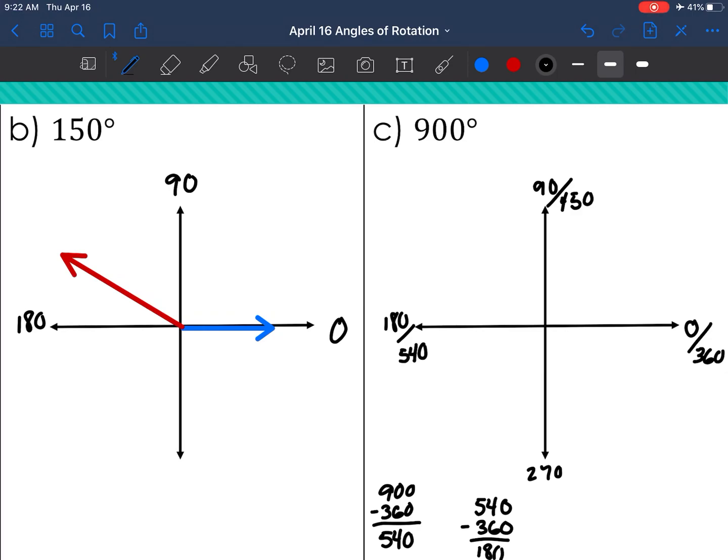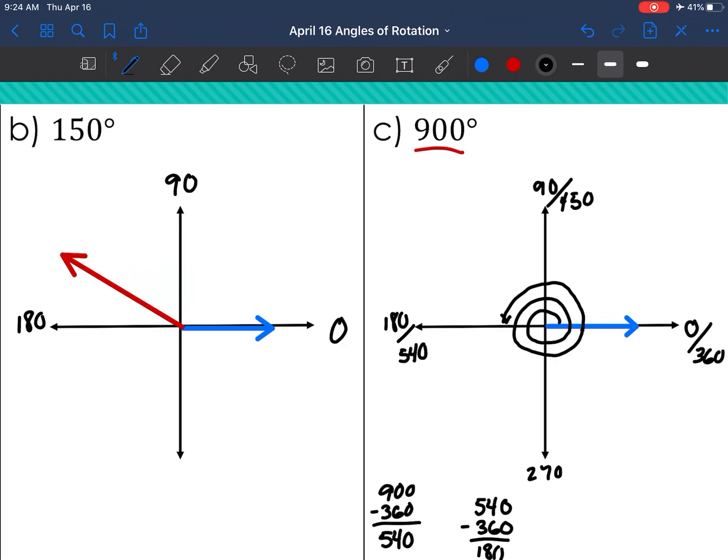So in other words, if I want to explain it a different way, I'm starting here, as always, and then I'm doing this rotation. So this one way around was 360 degrees. 2 rotations was 720 degrees. And 720, you still have more to go, right? So if you're at 720 and you need to get to 900, that means you need to go 180 degrees more.